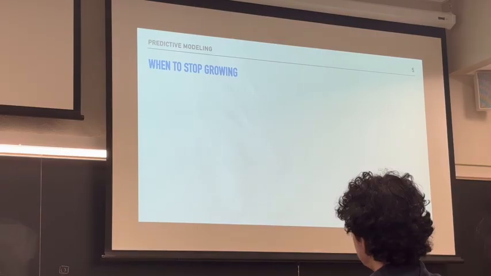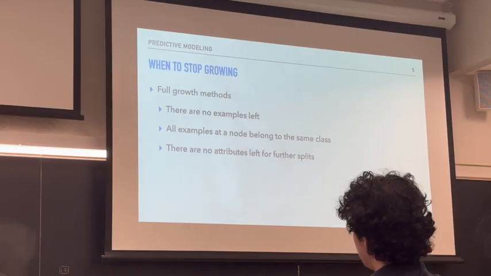We build the tree until we have exhausted all options: there are no examples left, which is a stopping criterion; or a node we have arrived at is already, quote unquote, pure, so further splitting will not improve the entropy because it is already highly correlated in that node; or there are no attributes left for the split.